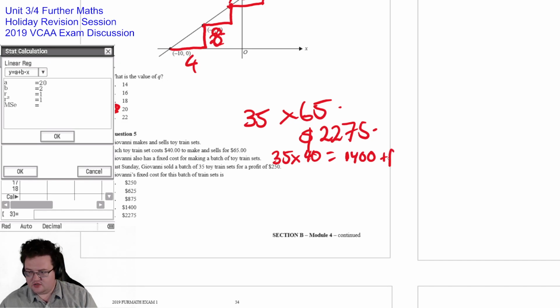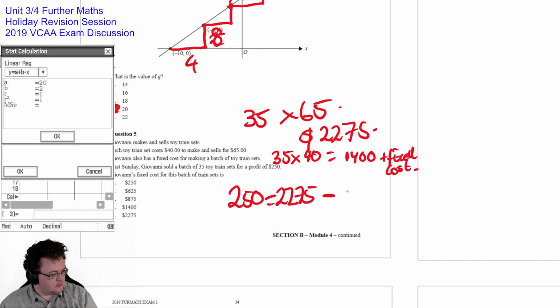Plus his fixed cost. We know that he made $250 of profit. So we have this equation here. 250 equals 2275 minus the 1,400 minus the fixed cost.